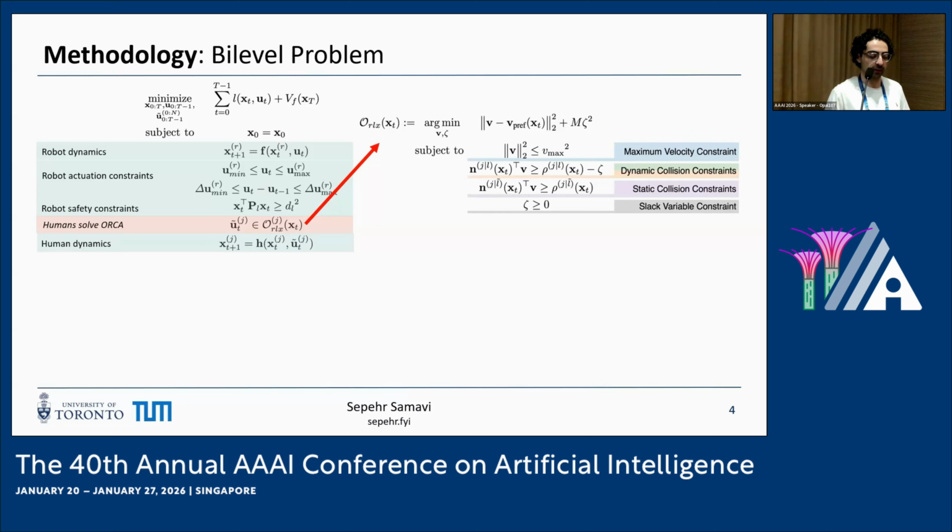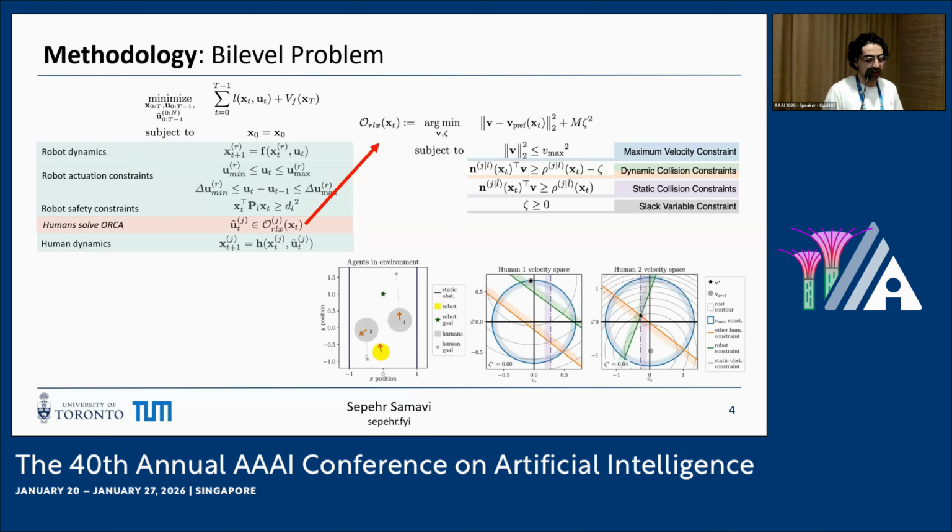Details are in the paper, but the key points are that ORCA is itself a constrained optimization problem that solves for an optimal velocity for each human for one time step. And here's what the geometry of each ORCA problem looks like for the two gray humans illustrated. In this case, the objective is for the velocity to be in the direction the agent intends to go, illustrated by the gray dots in the velocity space graphs.